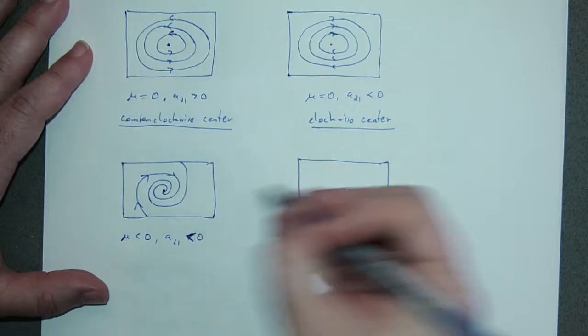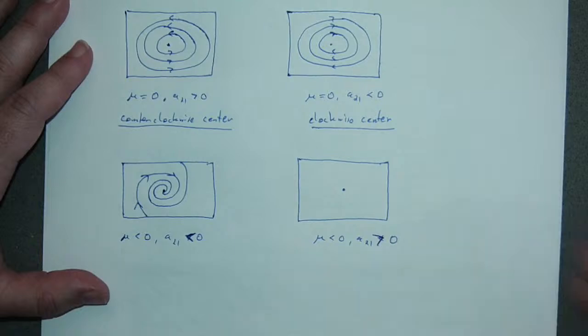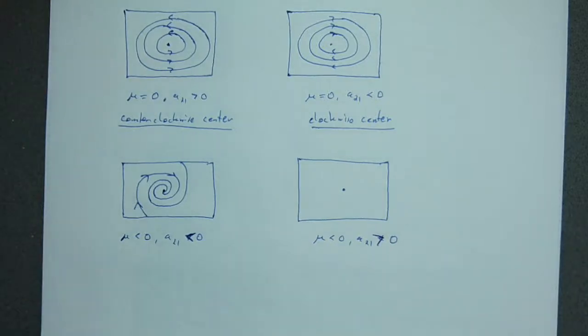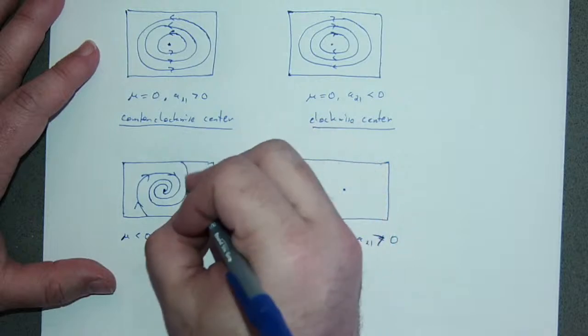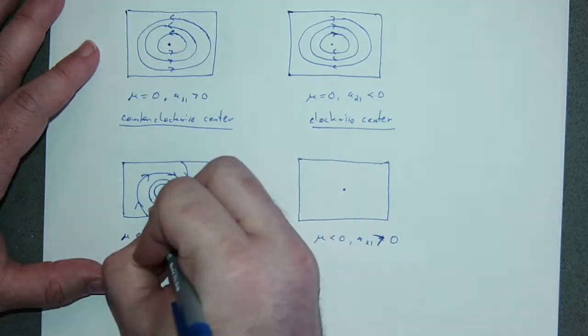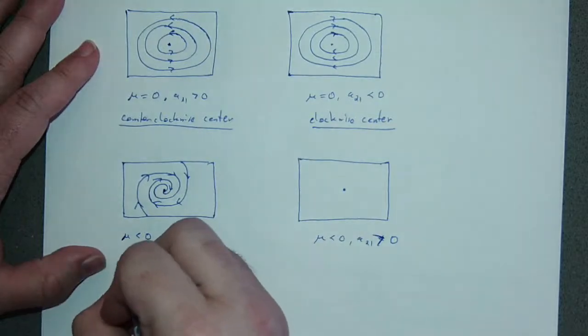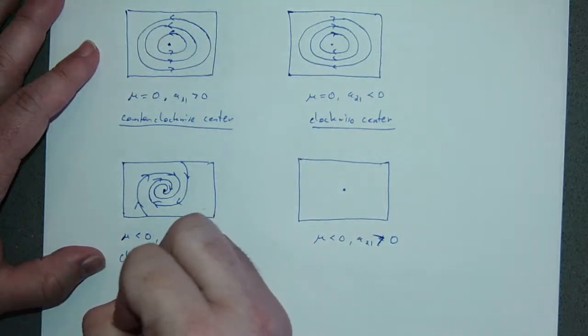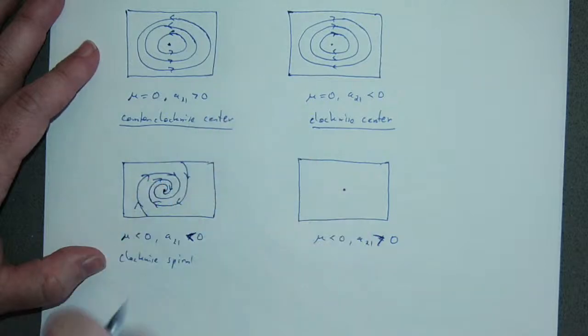We'll say this is negative in the first one. We'll change this one to be positive. Okay, so this is what this looks like now. This is a clockwise spiral sink because it's spiraling into the origin.